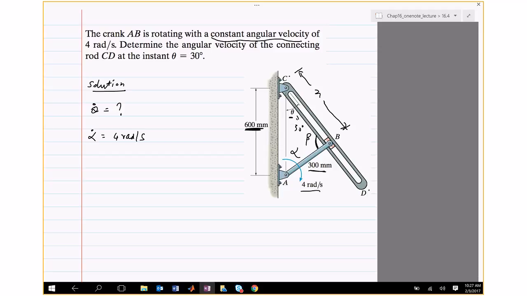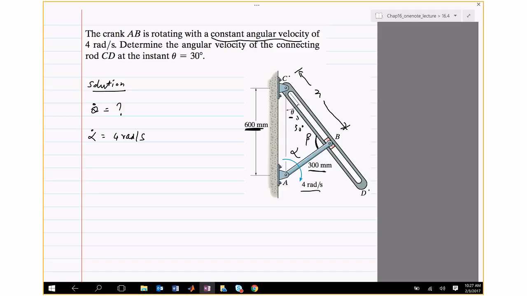So you know one side is 600, the other side is 300, and one of the angles is 30, which means that you should be able to find x, beta, and alpha using the cosine rule or the sine rule, or in conjunction, whichever is easier. There's no extra information in the sine rule really. You can use either of them to find the unknowns. So I'm going to just put x, beta, alpha, so that I've put variables for everything, and then try to see if I can find an expression.